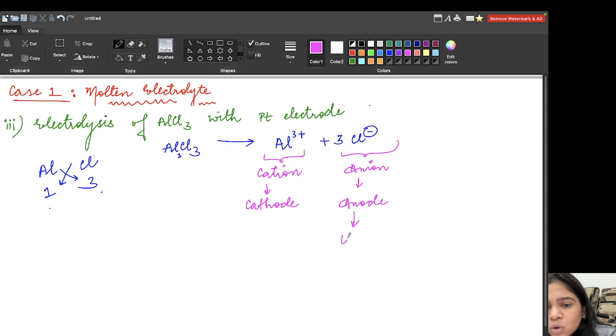At anode, what thing happens? Oxidation. So how will you write the reaction? The reaction will be 3Cl minus giving you, oxidation means loss of electrons, right? So how many electrons will be lost?